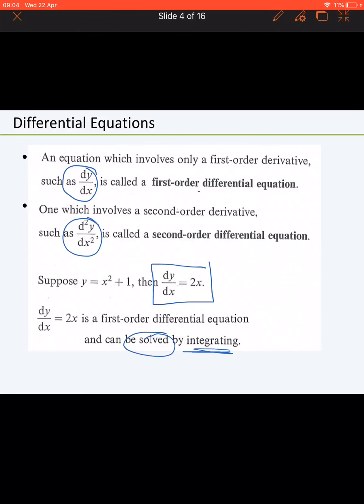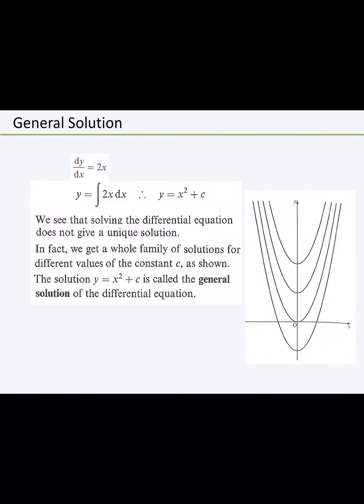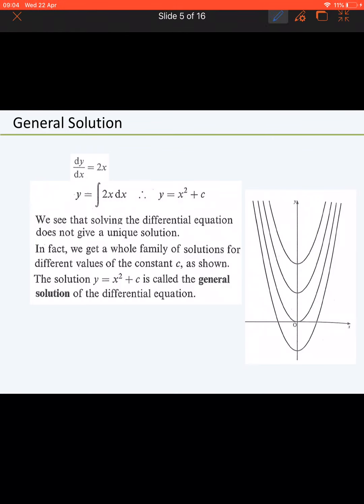Now, if we take that example specifically there, i.e. that dy by dx is equal to 2x, so this one up here, we know we can integrate that, and that would give us an expression y equals x squared plus c. You've got that constant there at the end.